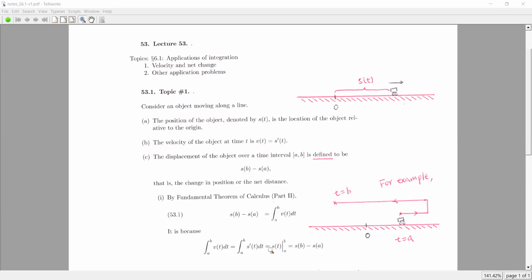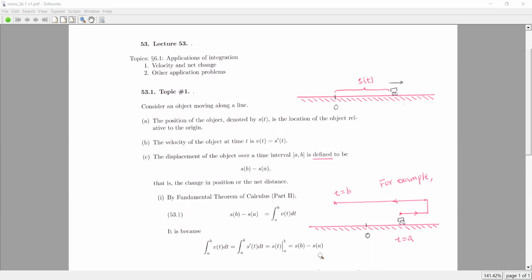So by the fundamental theorem, this integral is equal to plugging in B, the upper limit, in the position function, minus plugging in A in the position function. So we get S of B minus S of A. This is displacement.